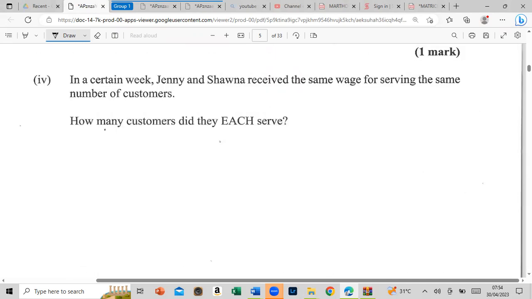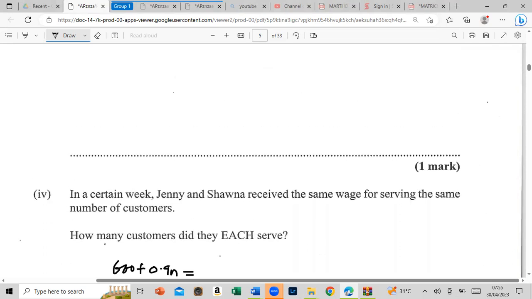All right, this is the approach I'm going to take. I'm going to use what I know, so I'm going to equate both of their salaries. The first one was 600 plus 0.9n. I'm just going to use n to represent both of them. I need to see what Jenny's was again.